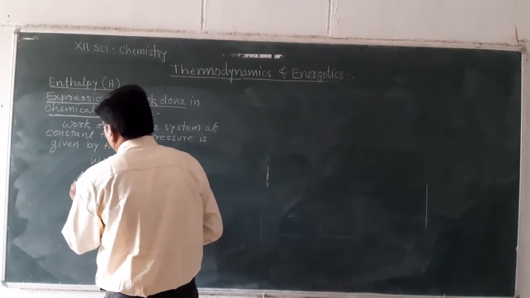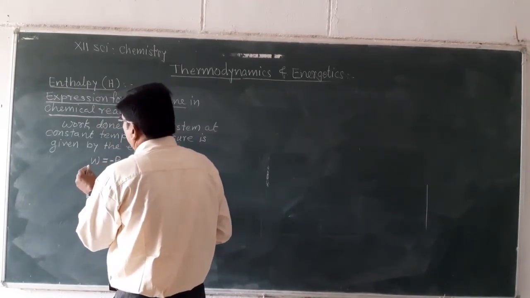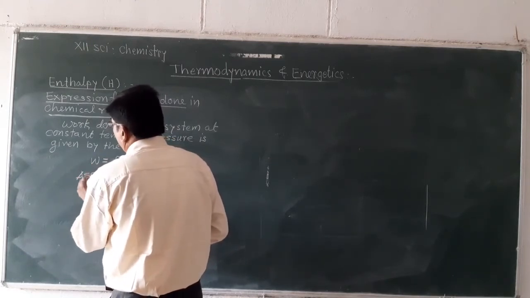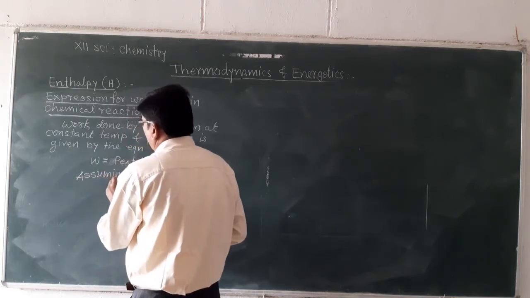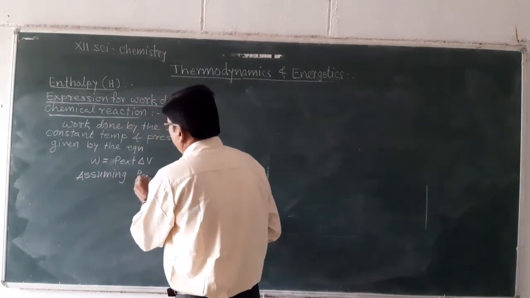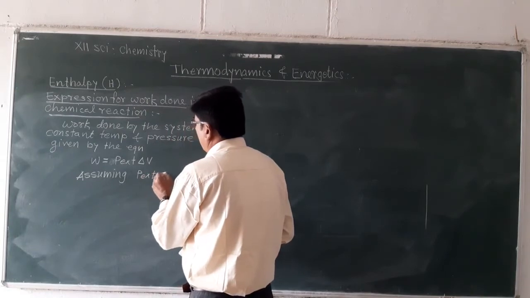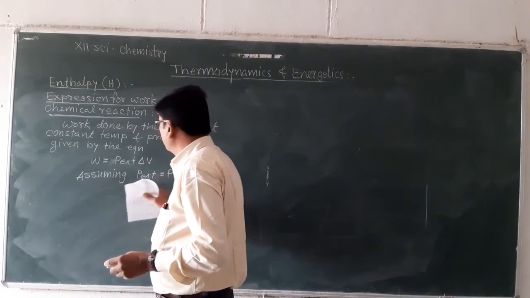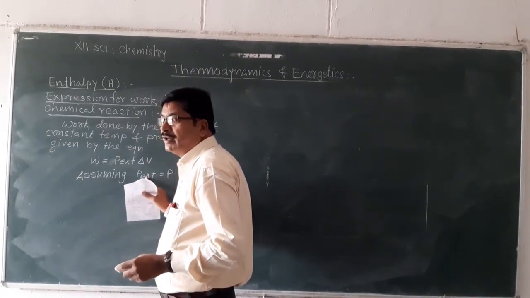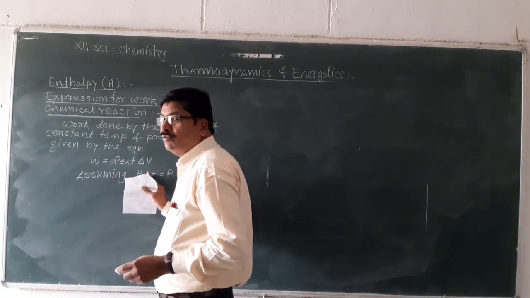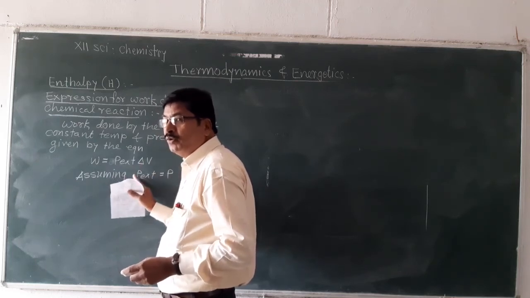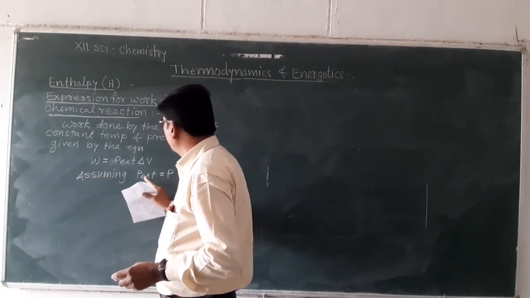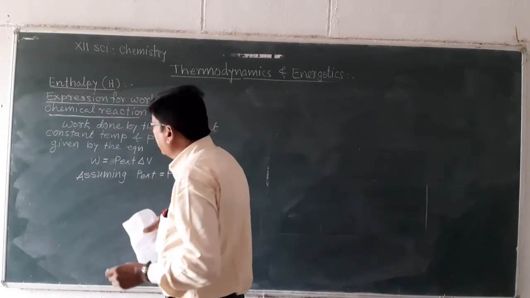Assuming P external equal to P. Here pressure P is the pressure of the gas and P external is the external pressure. They are balancing one another. If one is positive, the other will be negative. Here we have taken P external positive. That means P will be negative.